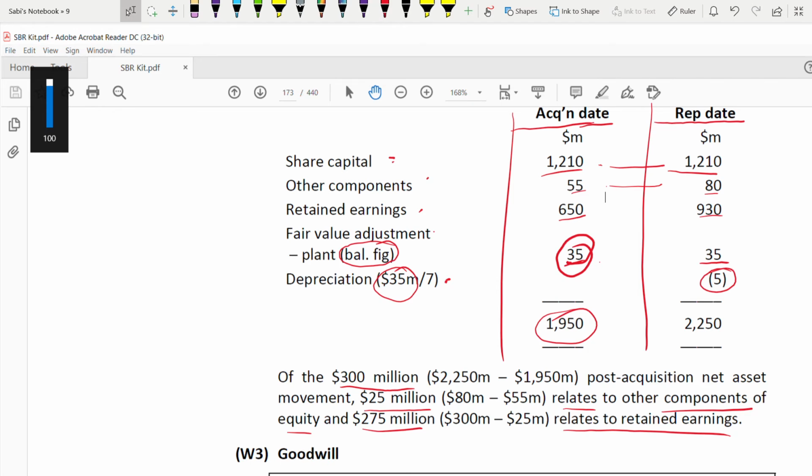And retained earnings is not 930 minus 650. It is 300 out of the net asset. So out of this 300, 25 went to OCI. That's why you're deducting 25. The balance is for retained earnings, of the net asset. You understanding?